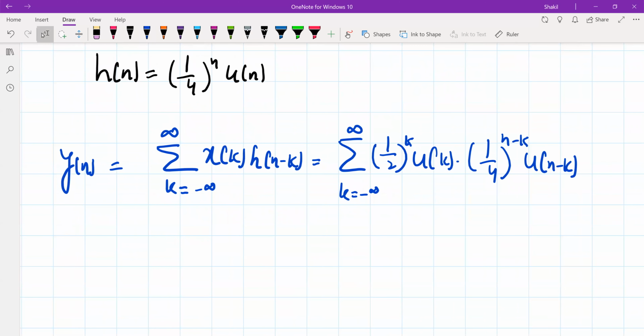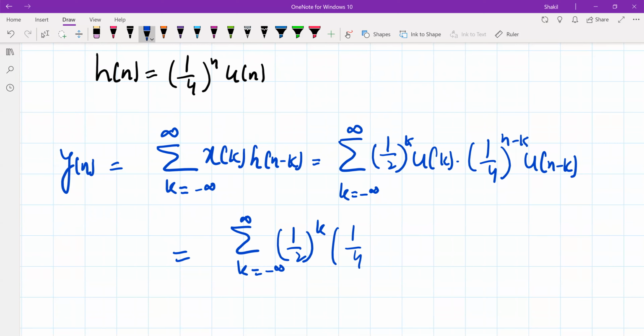Now let me rewrite the sum. This is 1 by 2 raised to the power k. Let me write the 1 by 4 first; I can express it like this, and then I will write u of k, u of n minus k.